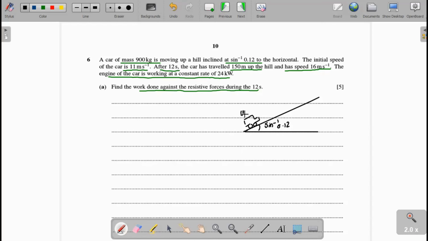After 12 seconds, the car has traveled 150 meter up the hill, and it reaches this position.